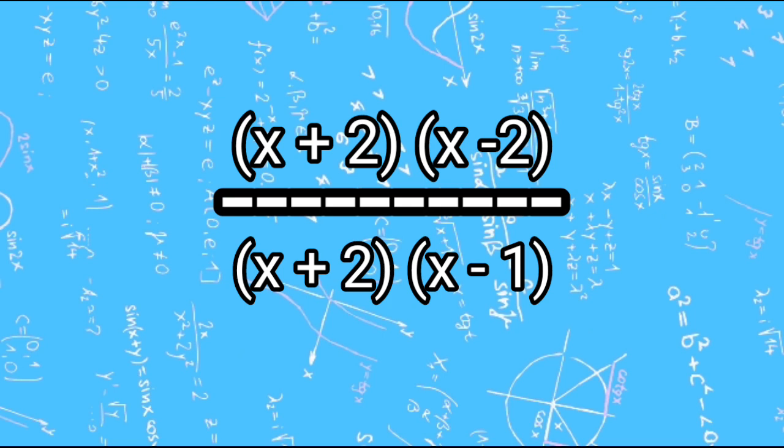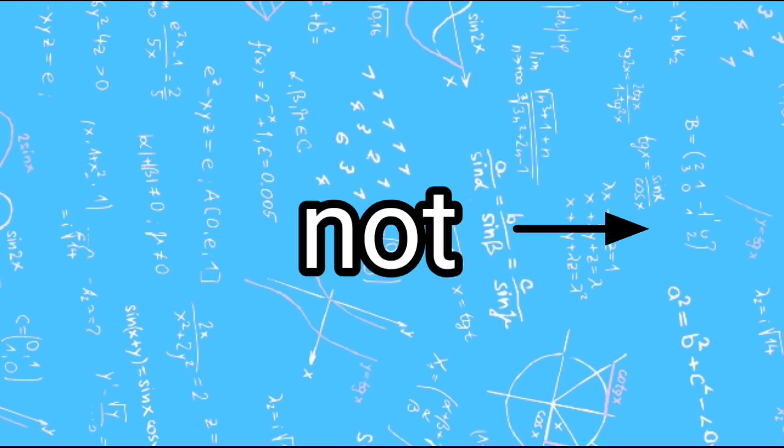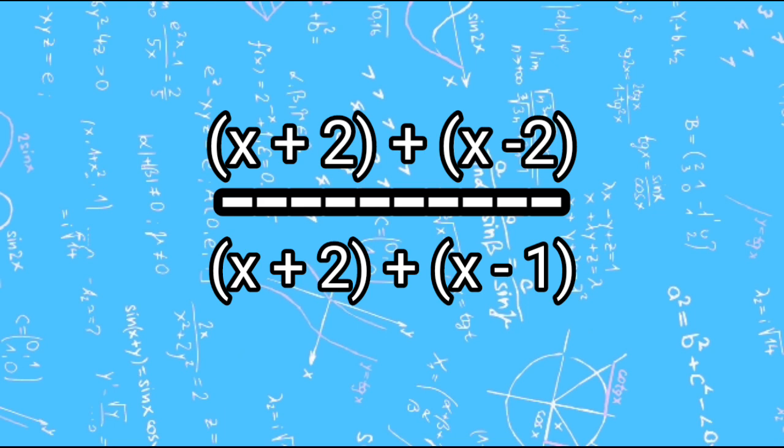So as you can see, the operation for both places is multiplication. So we can cancel out those that have the same terms, not this one. Don't cancel out x plus 2, because the terms there are separated by addition.